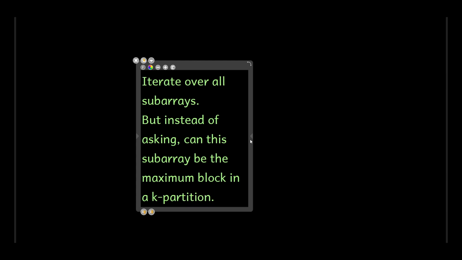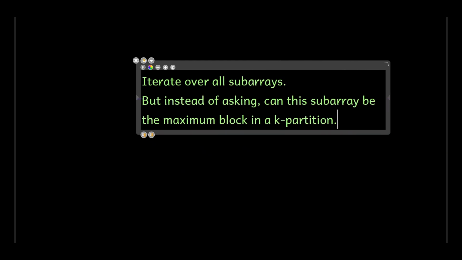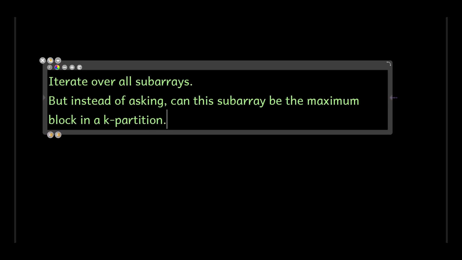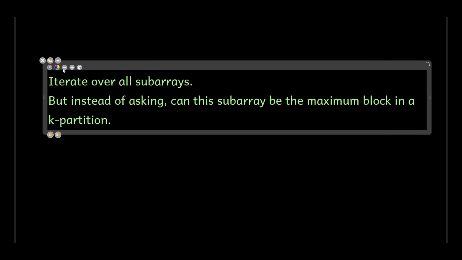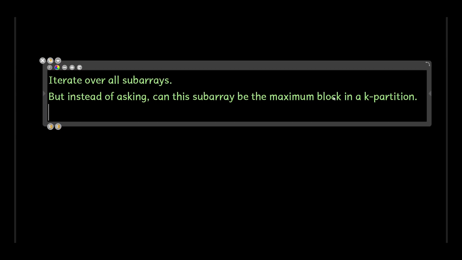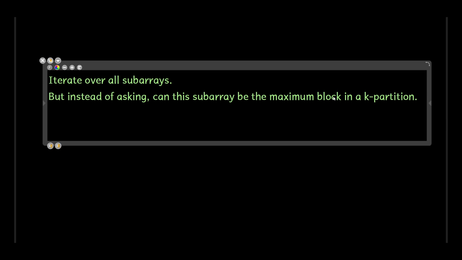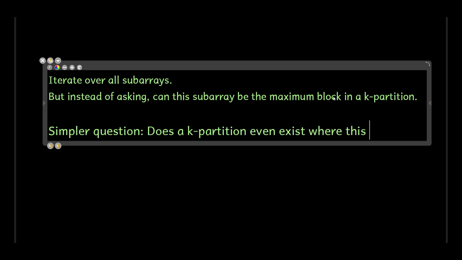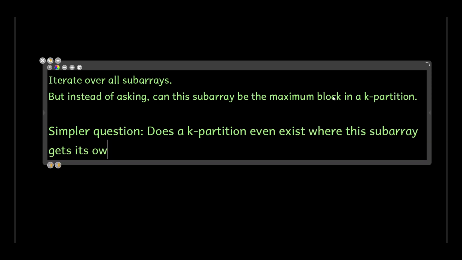This is the difficult question that everyone asks, right? As soon as they see a contribution technique on this problem, you ask a simpler question, and the simpler question is this: does a k partition even exist? Does a k partition even exist where this subarray gets its own block?